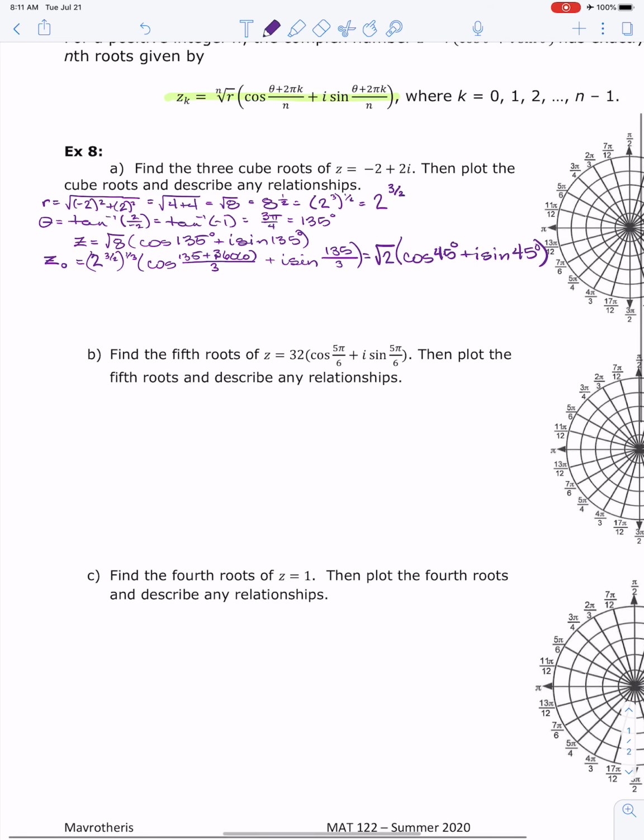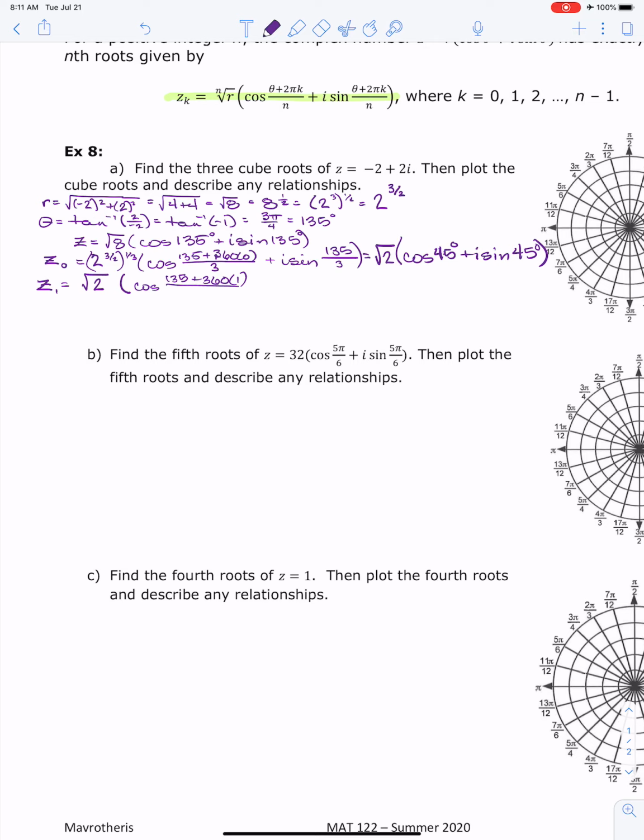There's my first root. Here's my second root. I'm just going to go ahead and shorthand this. I know that 2 to the 3/2 to the 1/3 is going to be square root of 2. And then I've got cosine of 135 plus 360 times 1.